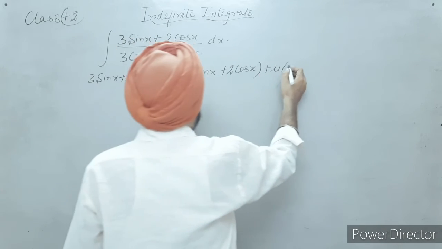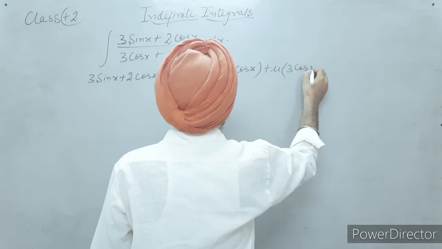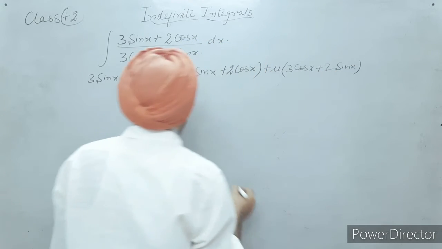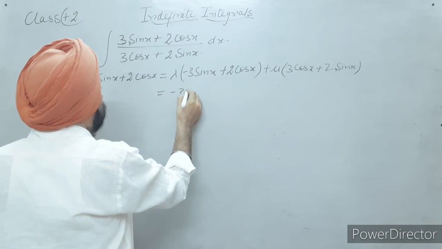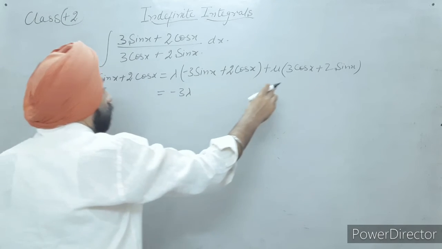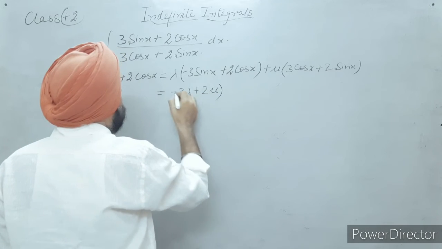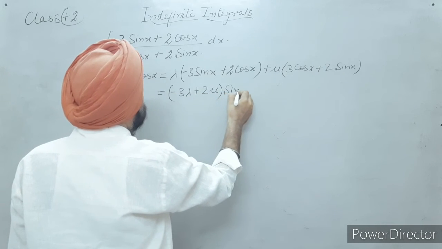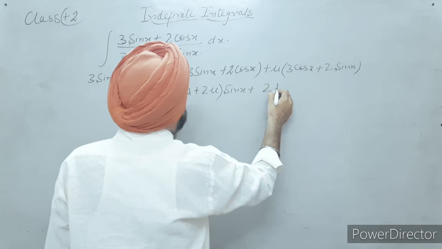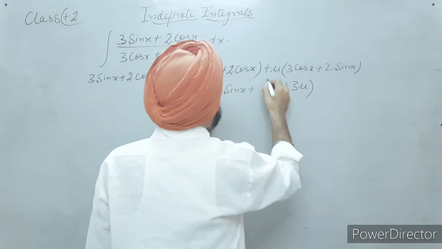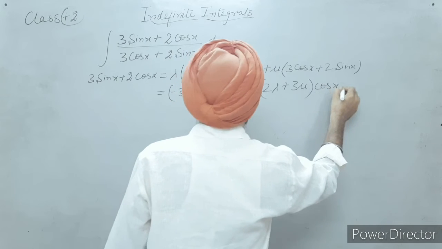Write the denominator as such: 3 cos x plus 2 sin x. Now open the brackets: minus 3 lambda plus 2 mu into sin x plus 2 lambda plus 3 mu into cos x.